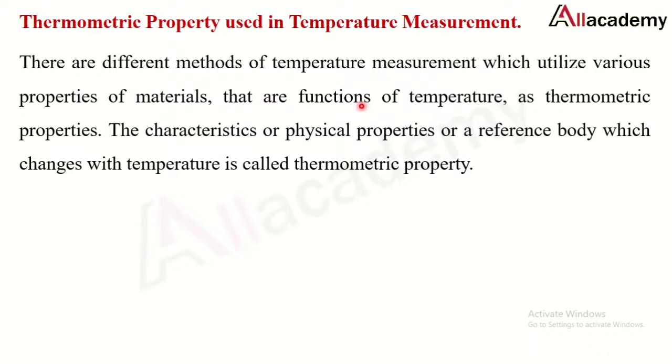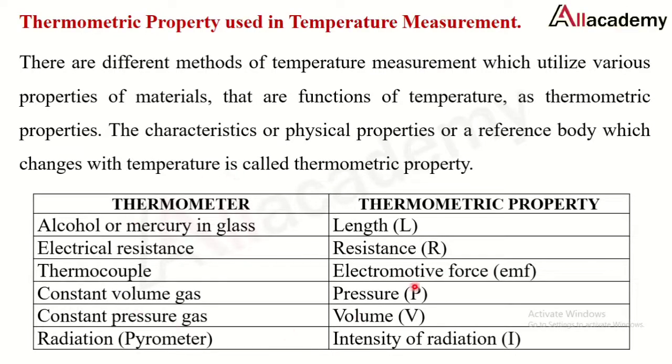Such properties which are utilized to measure the temperature of any body are called thermometric properties. It is a characteristic or physical property of a reference body which changes with the temperature. Here are some thermometric properties which are used in different thermometers.